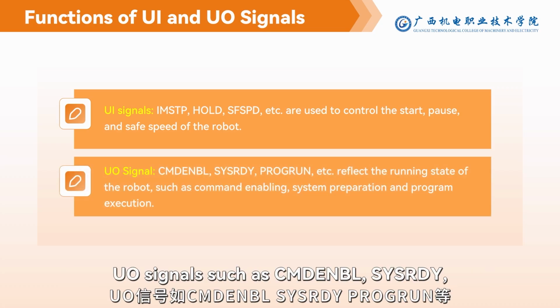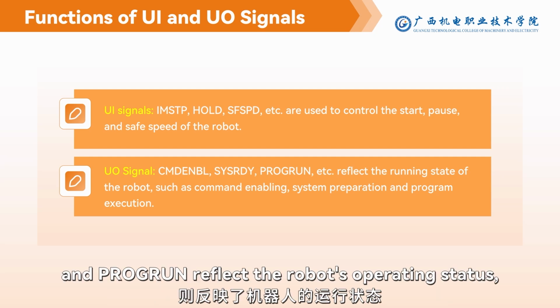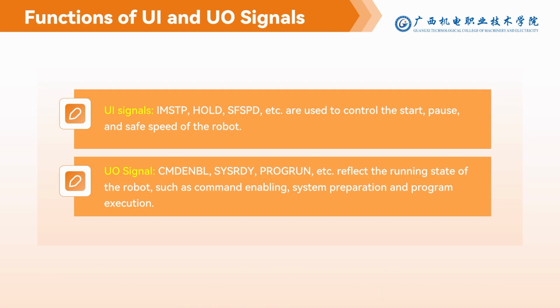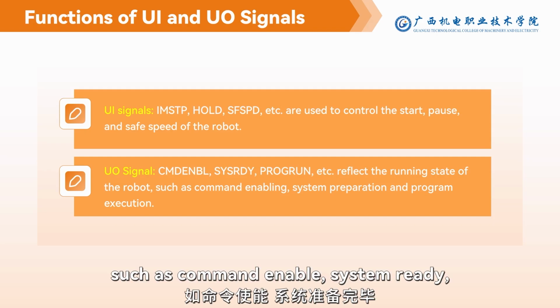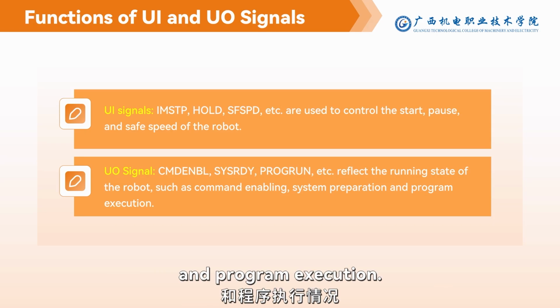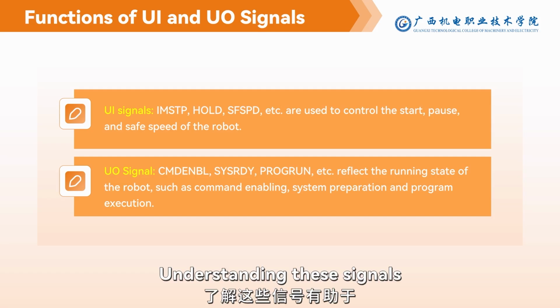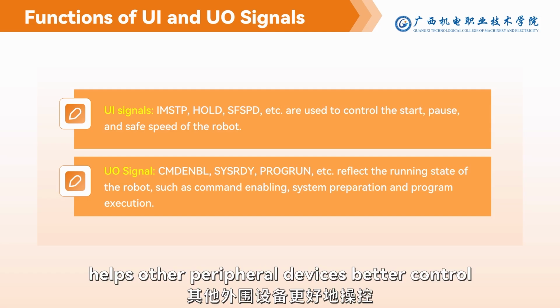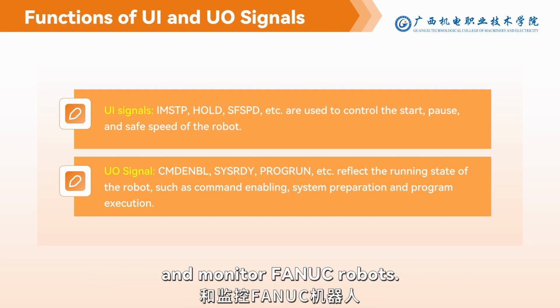UO signals such as CMD, ENBL, as well as RDY and PROGRUN reflect the robot's operating states, such as common enable, system ready, and program execution. Understanding these signals helps other peripheral devices better control and monitor FANUC robots.